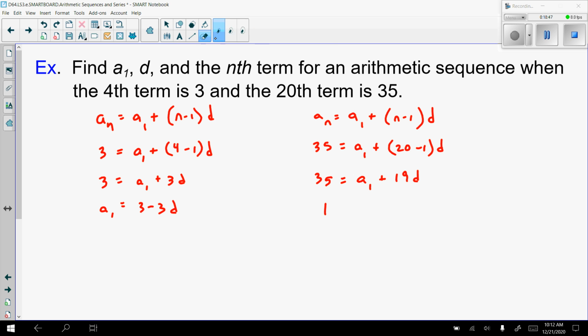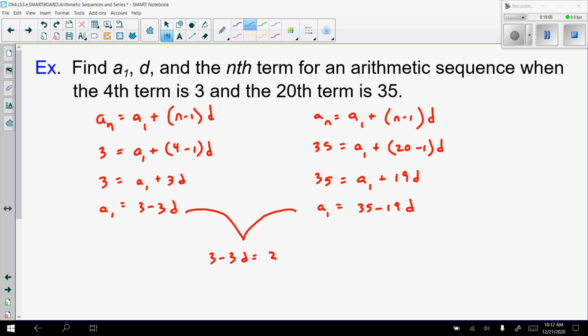And a sub 1 equals 35 minus 19d. So now I will set both of these equations equal to each other and say 3 minus 3d equals 35 minus 19d. As I work this out, I will get 16d equals 32, which tells me d equals 2, so that's one of the values that I'm looking for.